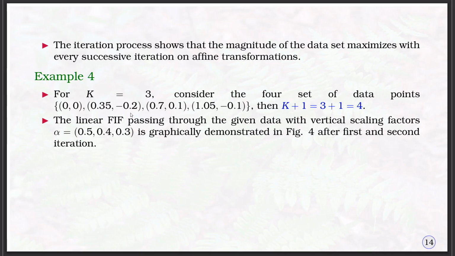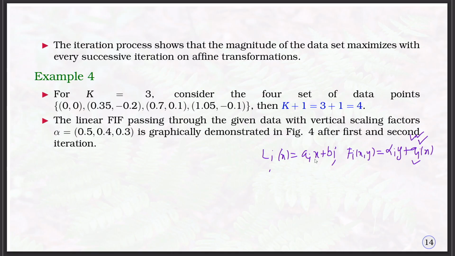You can take any fractal interpolation function of the form Li of x equal to Aix plus Bi and Fi of x comma y equal to alpha i times y plus Qi of x. Whether you are taking the linear or non-affine function or quadratic function or alpha fractal function or any other fractal interpolation function, this iteration generates the new points based on these functions.